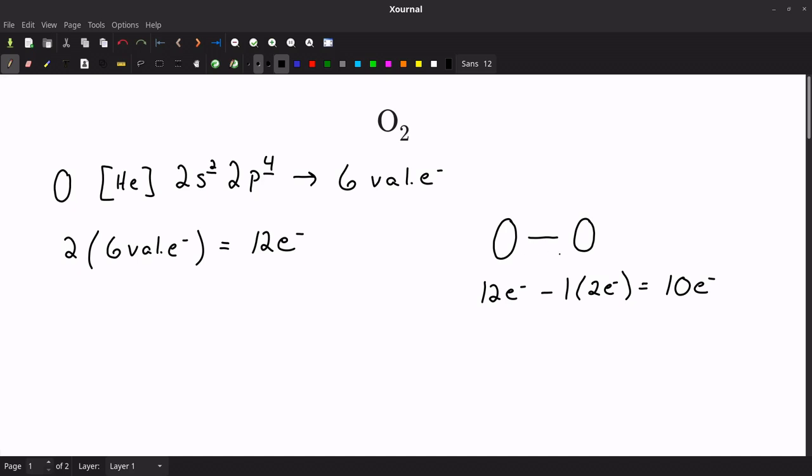We can do that evenly, so if we have 2 atoms and 10 electrons, they each get 5. So let's do that. We have oxygen, a bond, another oxygen, 1, 2, 3, 4, 5, 1, 2, 3, 4, 5.